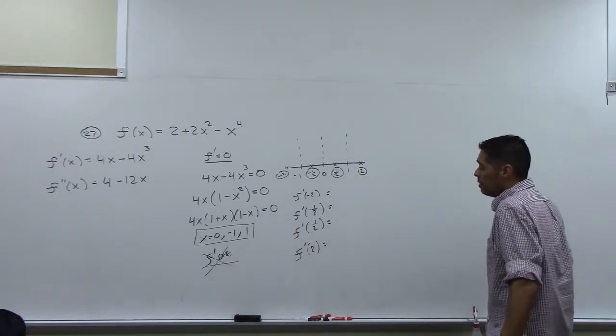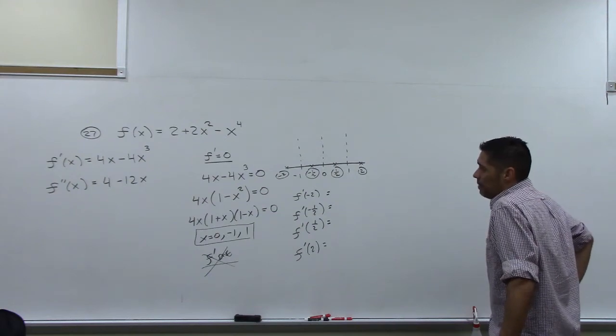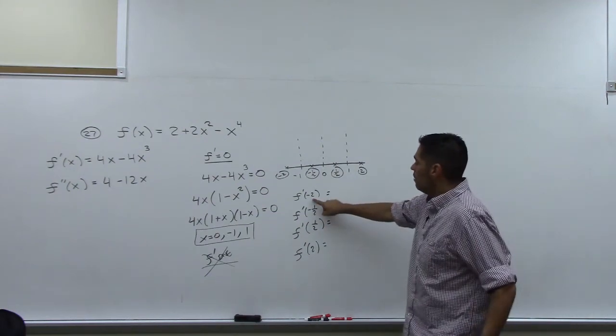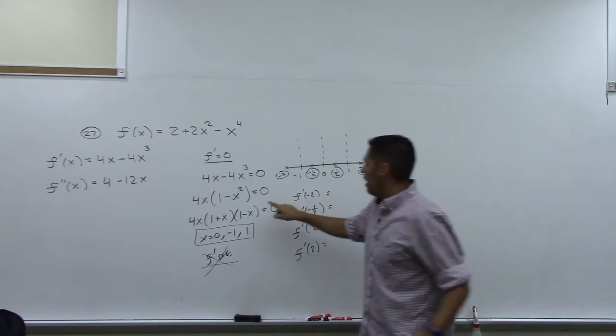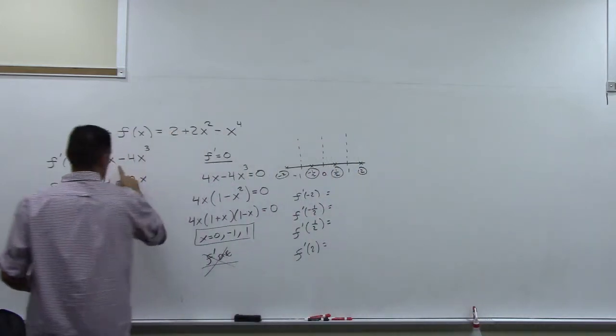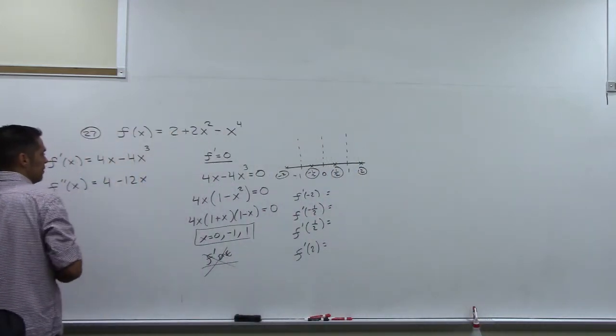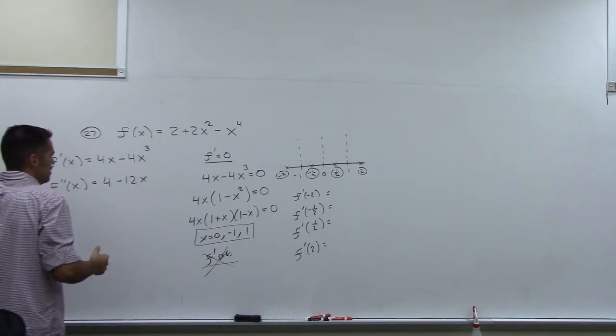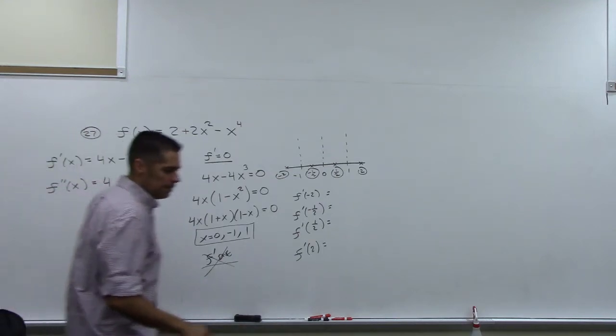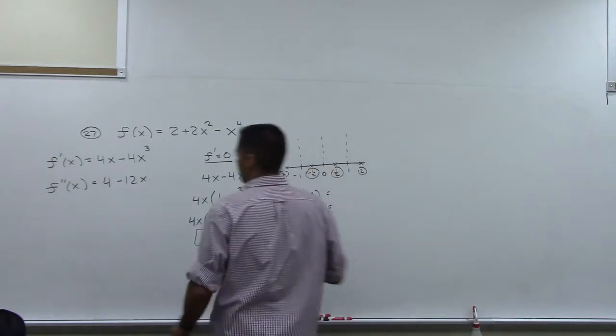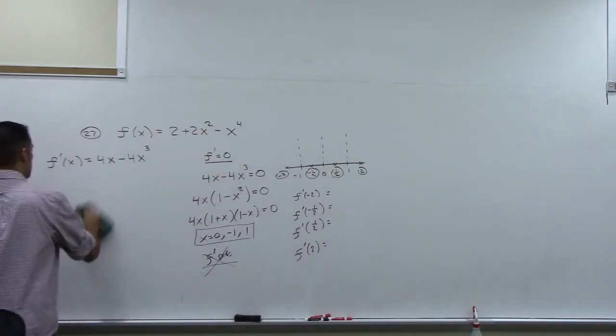All right, so let's see what happens here. If I plug -2 into the first derivative, that means I have to plug it in here. Now I could actually plug -2 in here and get an answer. But sometimes it's a little easier to do it this way. So watch, I'm going to move this down.